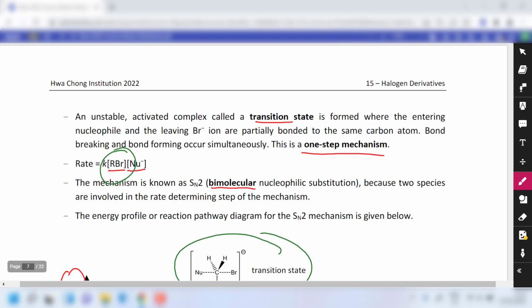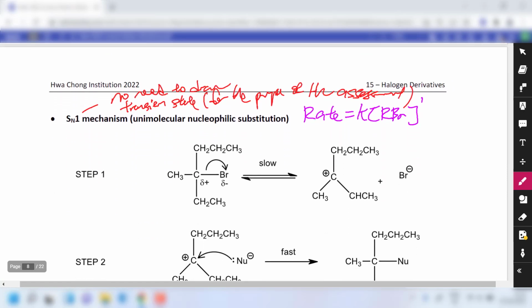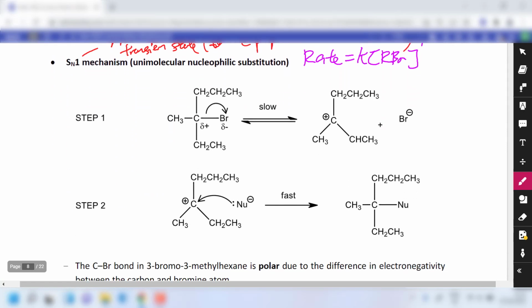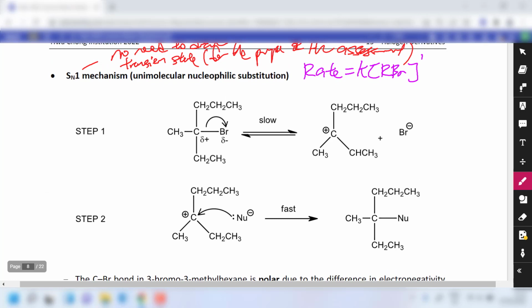That means that both of them involve the breaking of the C-halogen bond, and that also means that the strength of the C-halogen bond is of utmost importance in determining the rates of the reaction. That is something you need to recognize. The difference between SN1 and SN2 is that for SN1, the slow step or the rate determining step does not involve the nucleophile.